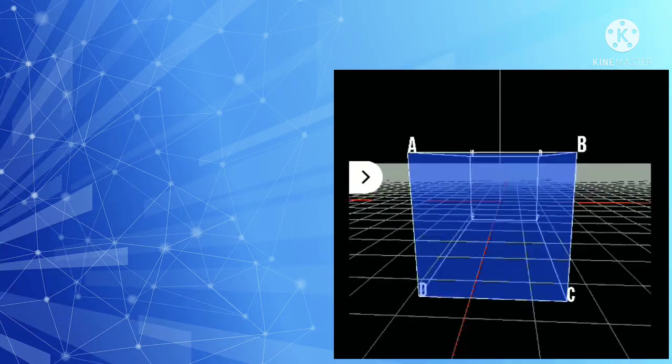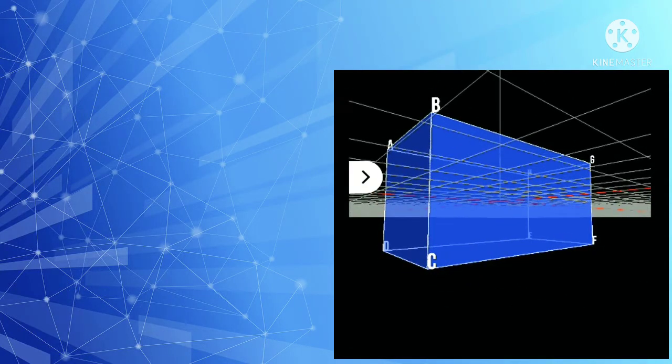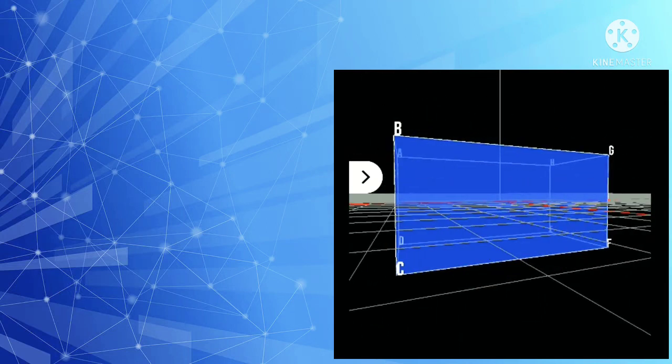Is it clear? Similarly, if you find the area of BCFZ, BC is the height and BZ is the length. So how can we find the area? Length into height.